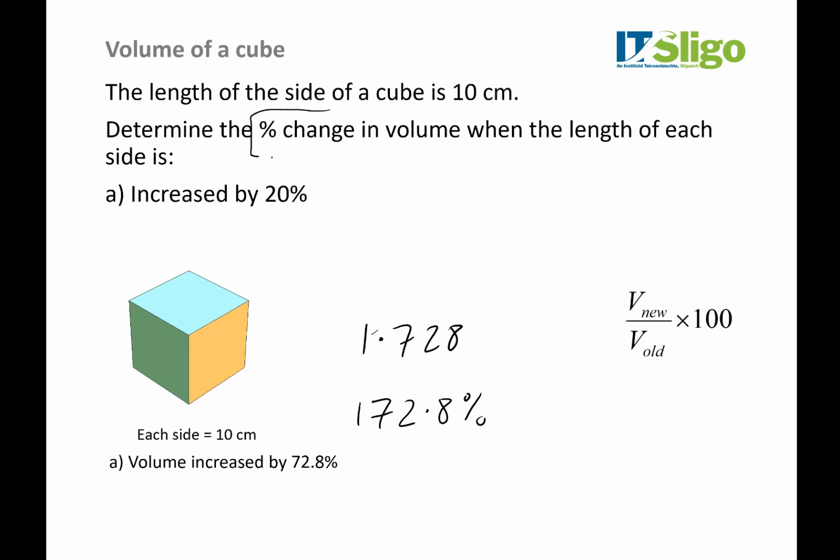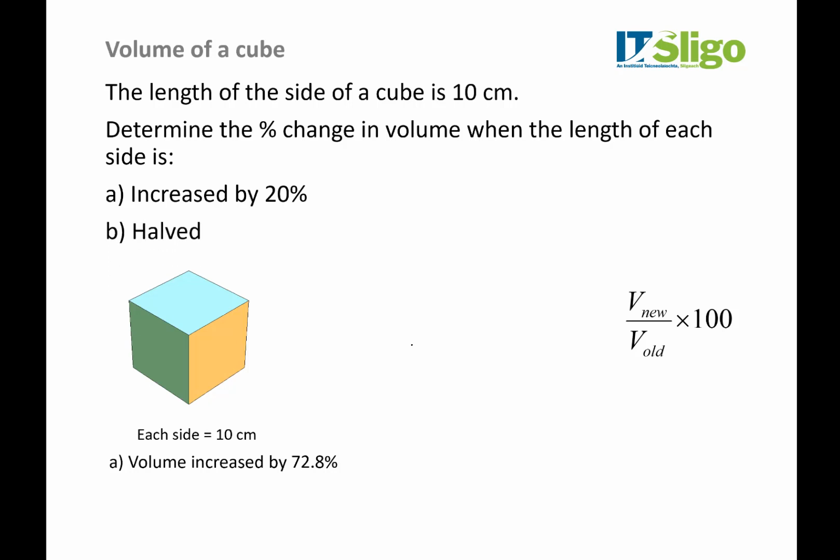It will usually ask for the percentage increase or percentage decrease in volume. So that's what we're looking for: the original 100% plus this increase. Sometimes people get caught out and they enter 172.8. That's not the increase. That's the new volume as a percentage. So just be careful of that.